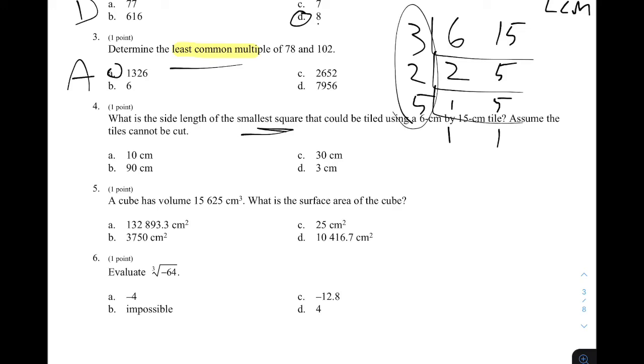So 2 times 3 times 5 is our LCM. 2 times 3 times 5 is 6 times 5 is 30. So 30 is our LCM, which means that the smallest side will be 30 centimeters across, so C.